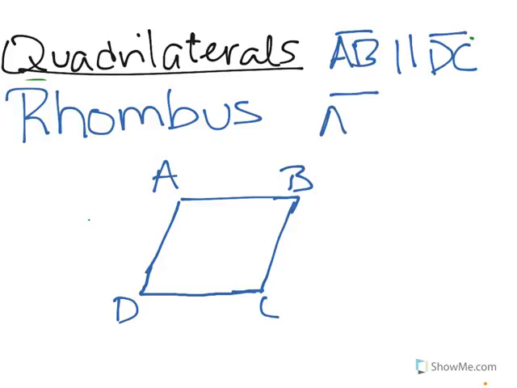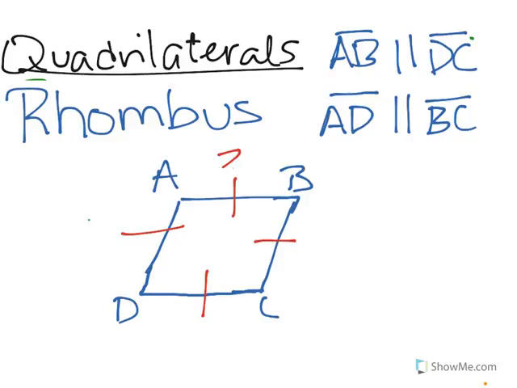Side length AD is parallel to side length BC. The next is that all the sides are congruent. Every single side is the exact same measurement. If this side is 2, then all of the others are 2. That's why it's a squished up square. Side lengths are still the same.